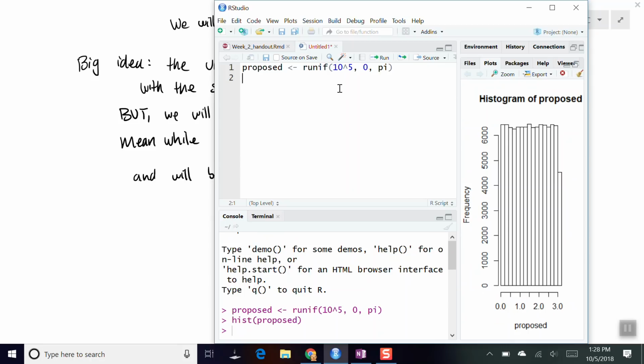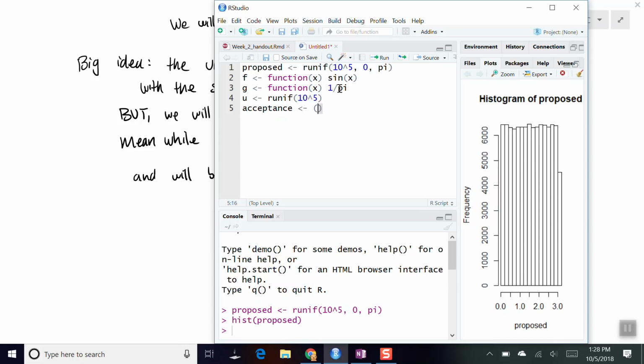What we have is, f is going to be a function of x, and it returns sine of x. And then g is going to be a function of x, and it returns 1 over pi. And then our acceptance is going to be calculated as, I need u. u is going to be our unif on the interval 0 to 1, and I need 100,000 of these.